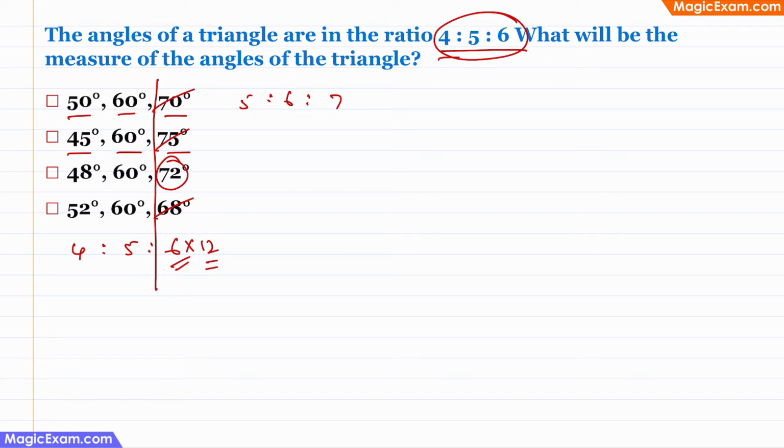Now we know that 12 can be the common number or the common factor. Therefore, let's multiply 5 with 12 and we get 60. 4 into 12, we get 48. Therefore, we have identified that option 3 is the correct answer.